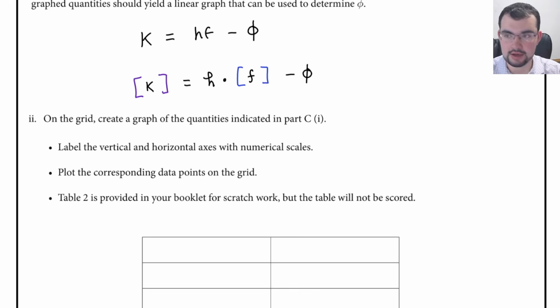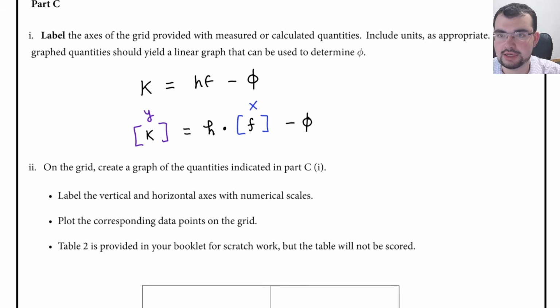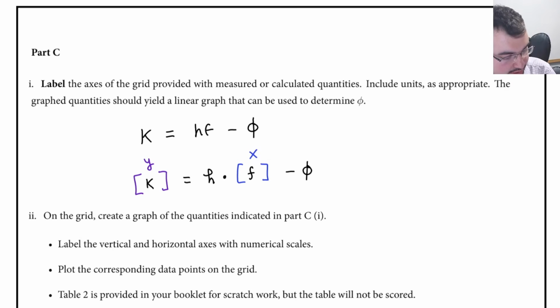So what is linear? Well, I just plot the raw data because kinetic energy is going on our y-axis, our frequency is going on our x-axis, and we actually get a y-intercept that means something. That's actually what we want. So Planck's constant is the slope, and the negative of the work function is the y-intercept.